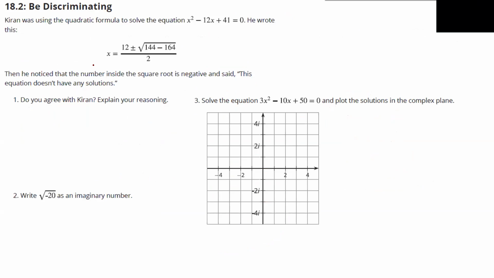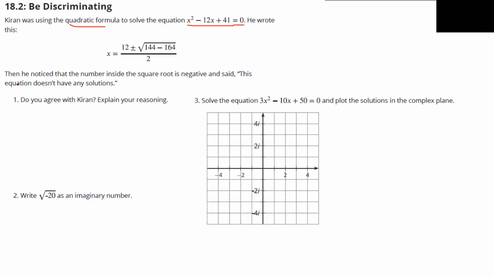All right, the first activity that you guys are gonna work on says, Kiran was using the quadratic formula to solve the equation x squared minus 12x plus 41 equals 0. He wrote this, and they're using the quadratic formula, so x is equal to 12 plus or minus square root of 144 minus 164, all divided by 2.